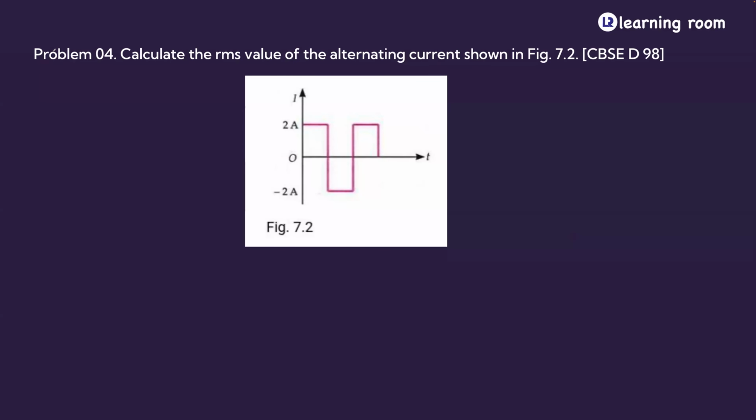So for the fourth one, calculate the RMS value of the alternating current shown in the figure. So what is the peak value here? I naught is 2. So I RMS will be equal to 0.707 into 2. It will be 1.414.